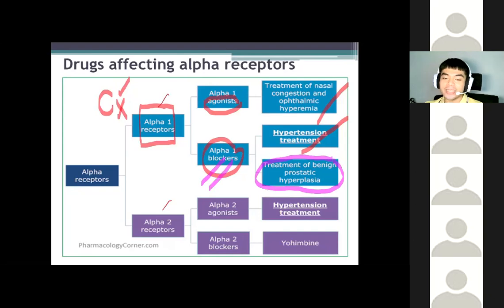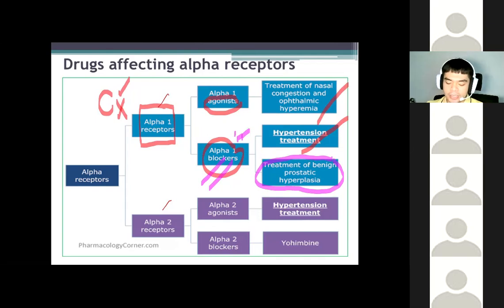Kasi pag na-block natin ang alpha-1 receptors, relaxed ang ating prostate gland at pag relax siya, maraming ihi ang ilalabas ng lalaki. Very good. Kaya pag nabasa nyo ang indication or clinical use ng alpha-1 blocker, nakalagay doon, symptomatic relief of urinary retention. So ibig sabihin, pampatanggal siya ng simptomas na hirap umihi pag may BPH. O di ba connected siya doon sa diniscuss natin? I hope you are learning with this.